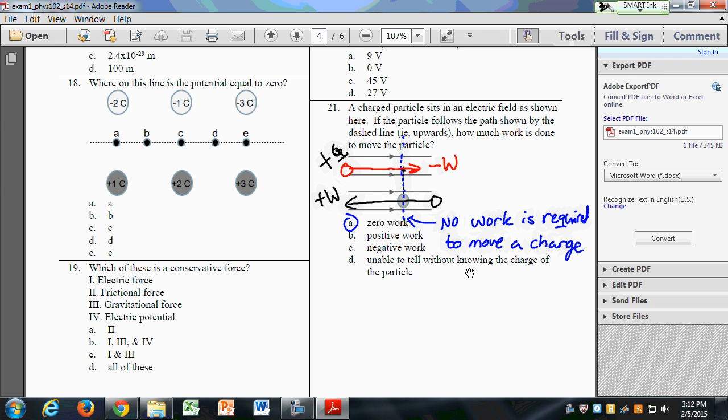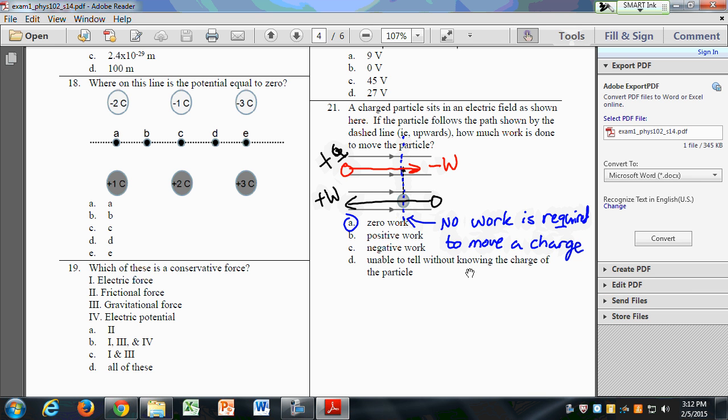And then here, if I'm moving along in this direction, that's no work at all, because for a positive charge I have to apply a force in this direction, and the displacement's in that direction, so that's no work, because my force and displacement are not in the same direction. You can see a problem like that, interpreting the amount of work required to move a charge in an electric field.